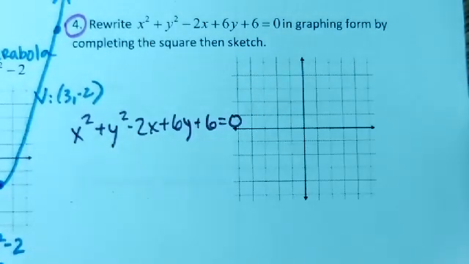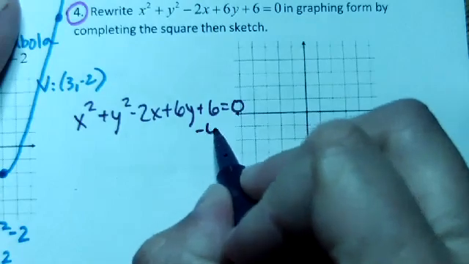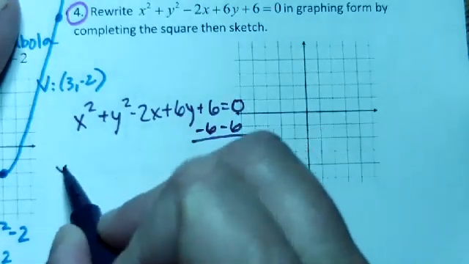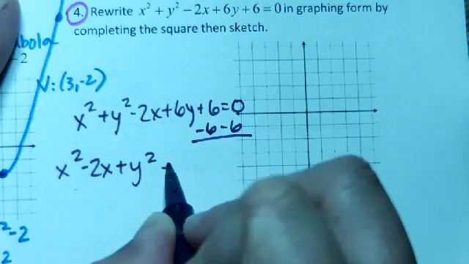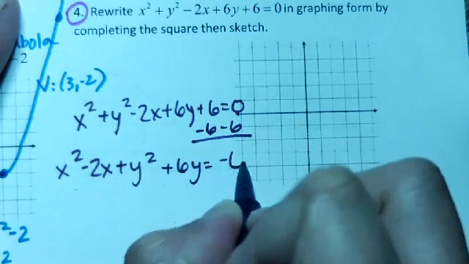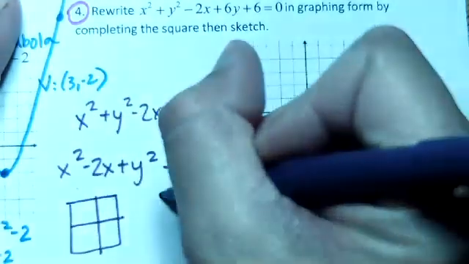To do that, the first thing I'm going to do is put my x's with my x's, my y's with my y's, and isolate the variables. So subtract that 6, and we get x squared minus 2x plus y squared plus 6y equals negative 6. Complete the square twice.